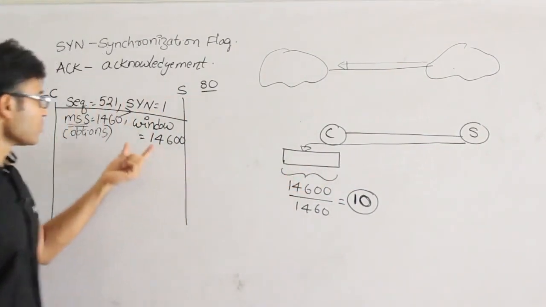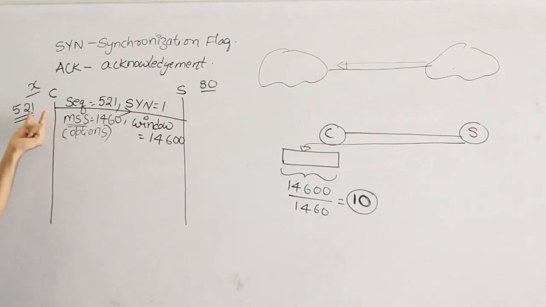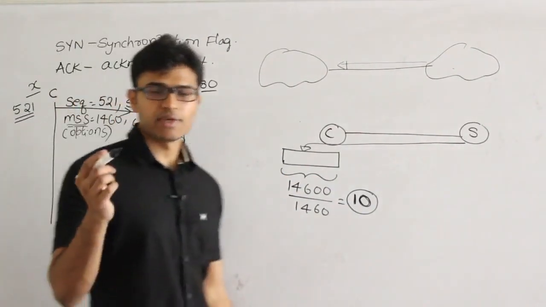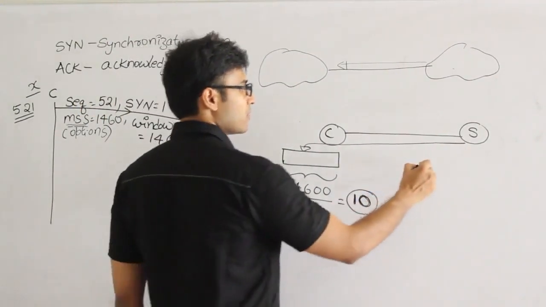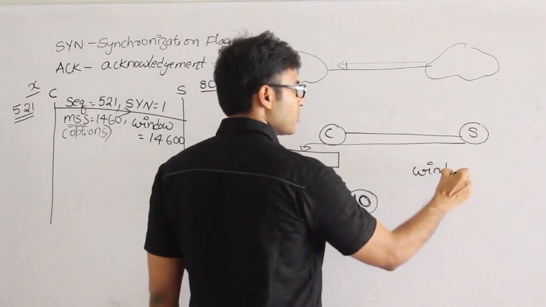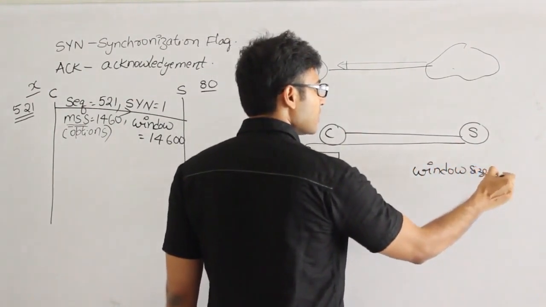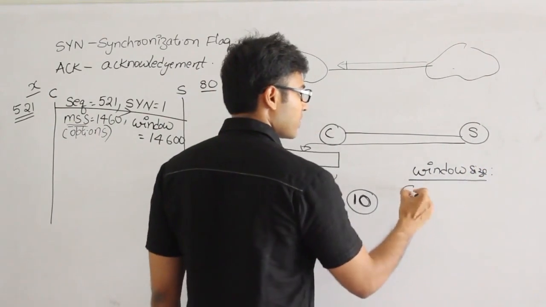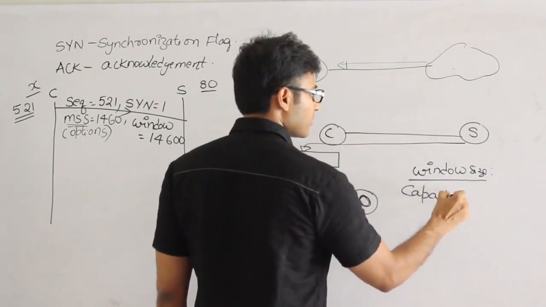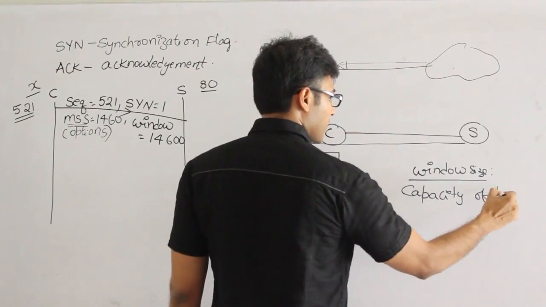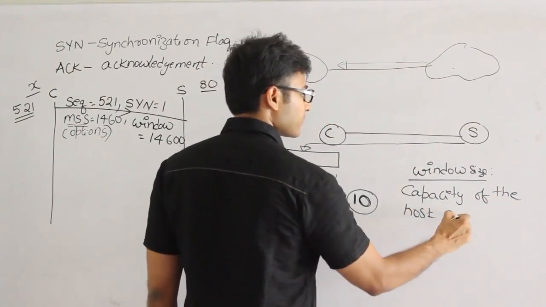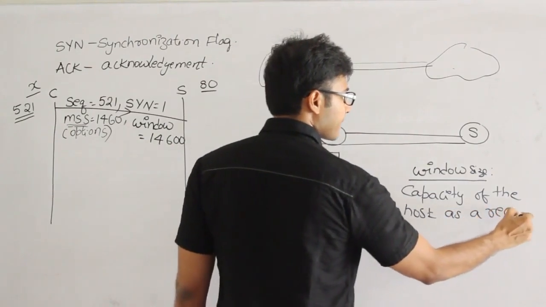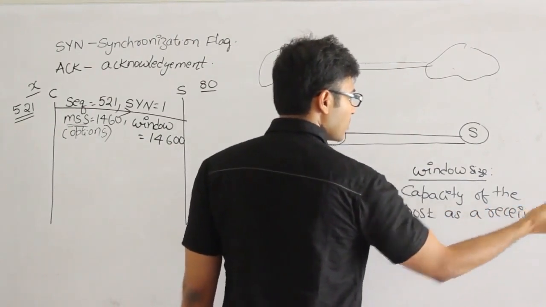So here this window size is nothing but the capacity of the client as a receiver, right? So why is this window size field used in that header? It is for flow control. Window size is a field which is used to indicate the capacity of the host as a receiver.